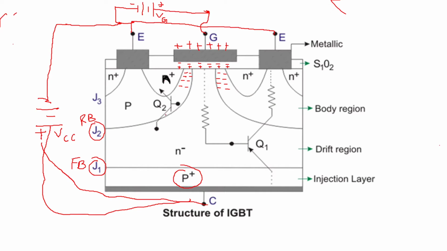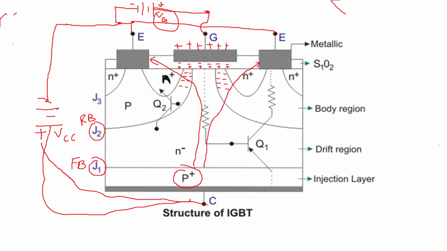Then the second junction goes into breakdown, and there is a current flow in the transistor from the collector to the emitter. As you increase this voltage VG, the current going from collector to emitter will go on increasing.